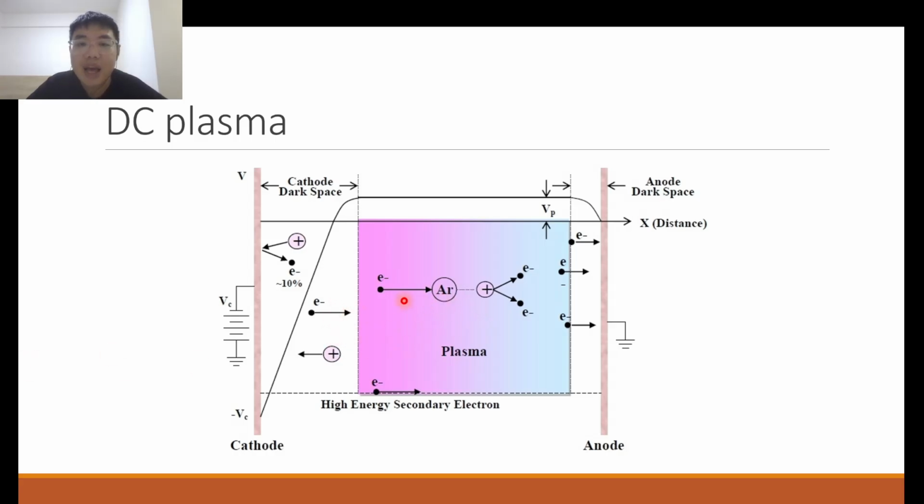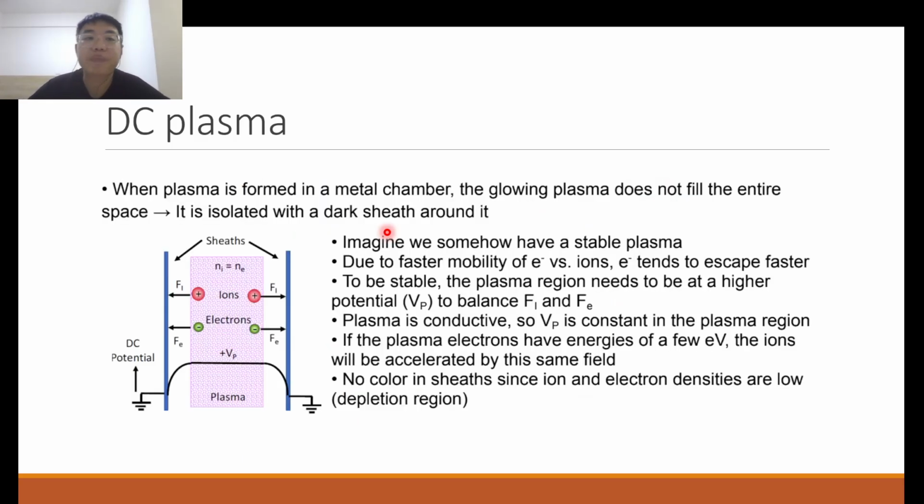They will encounter the uncharged argon atoms in your plasma, and this can lead to ionization of these argon atoms, producing argon ions as well as more electrons that can further drive the maintenance of this plasma. And this ion can once again be attracted to the cathode, bombard the cathode, and release a secondary electron, and therefore the plasma is maintained by this DC bias.